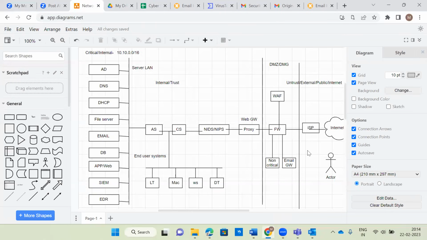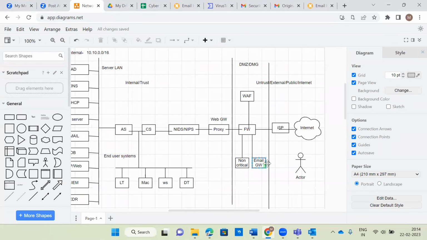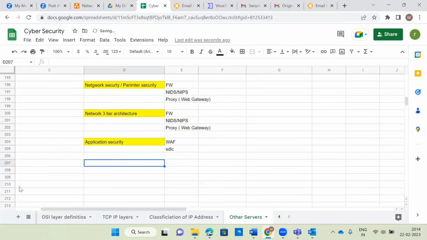So next one, email security. Where is email security, guys? Which location will email security fall under? Email gateway. That's perfect.